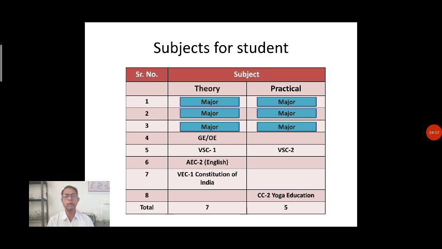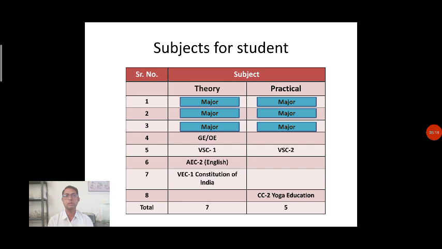Some students have the botany, zoology, chemistry group, some students have the botany, chemistry, microbiology group, or another group is also there. So these are the major theory groups, and to these major theory groups there will be a practical for the student. So each student has the same 7 theories and the practicals, which are nothing but 5 practicals.